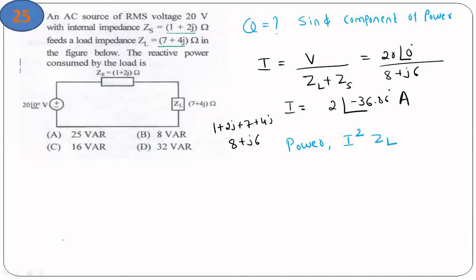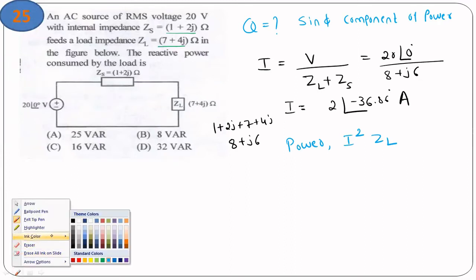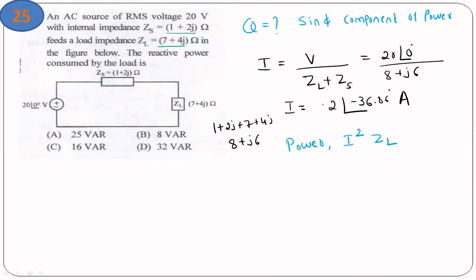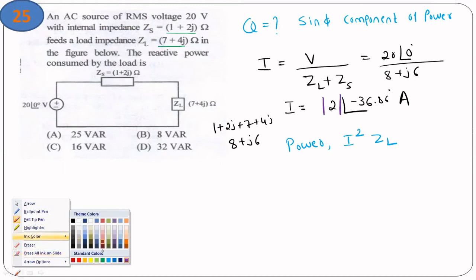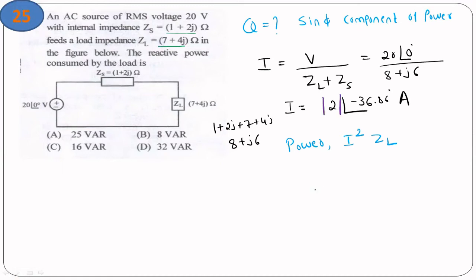Now, out of whatever we have obtained as a solution, 2 at an angle minus 36.86, let us consider only the magnitude of this, so that whenever I say it is a square, it will be 2 square, which is equal to 4 into ZL. ZL is 7 plus 4J. So it will be 28 plus 16J.